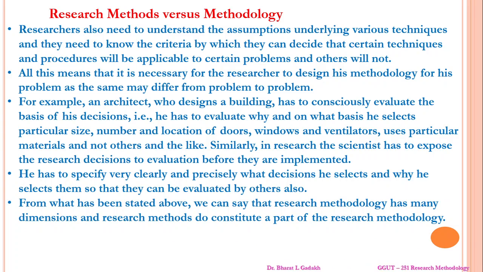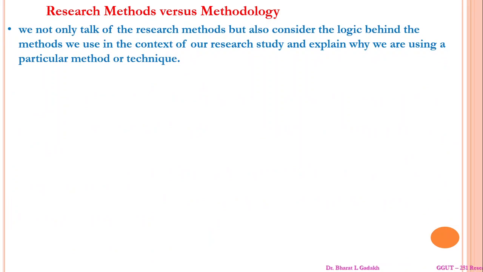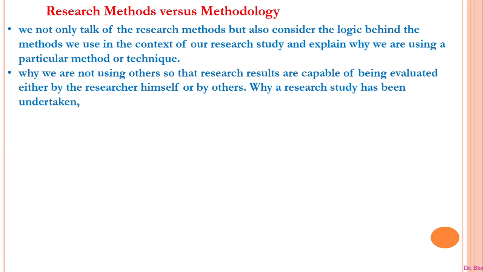Now, from what has been stated above, we can say that research methodology has many dimensions. Research methods constitute a part of research methodology. The scope of research methodology is wider than that of research methods. When we talk of research methodology, we do not talk only of the research methods, but also consider the logic behind the methods we use in the context of our research study, and explain why we are using particular methods or techniques and why we are not using others, so that research results are capable of being evaluated either by the researcher himself or by others.